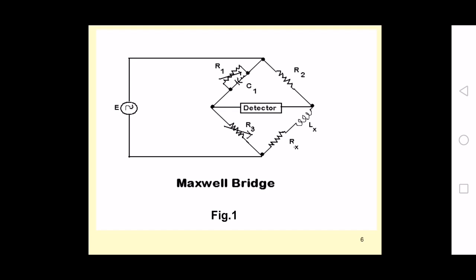So you can write I1 Z1 equal to I2 Z2, where I1, I2, I3, I4 are the currents through arms 1, 2, 3, 4. So 1 and 2 are ratio arms, 3 is the standard arm, 4 is the unknown arm.